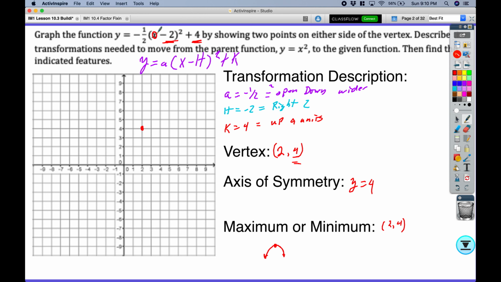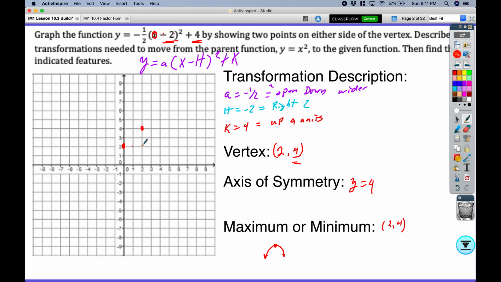If this was 0, I would have 0 minus 2, which is negative 2, to the second power. Negative 2 to the second power is positive 4. So positive 4 times the negative half is negative 2, plus 4 is positive 2. So that would be here.